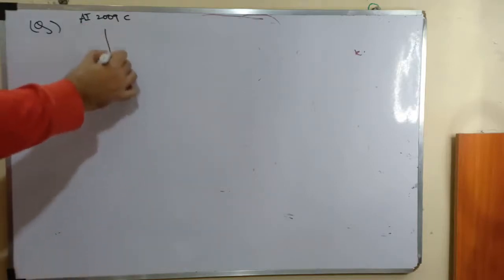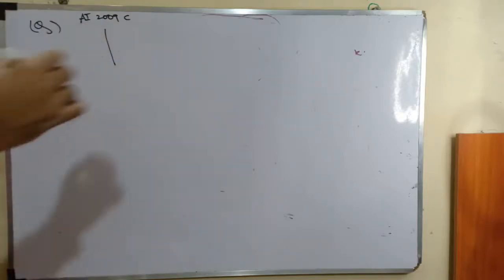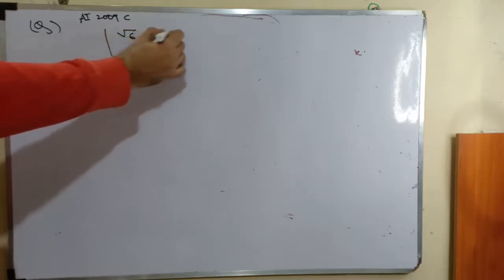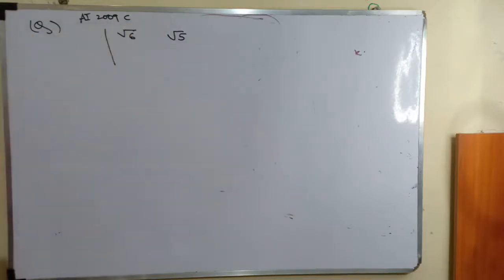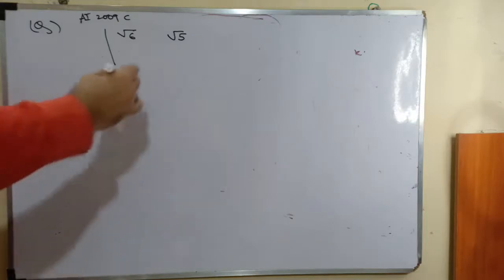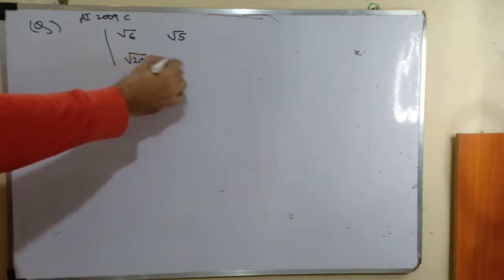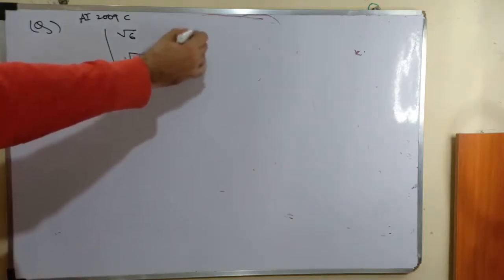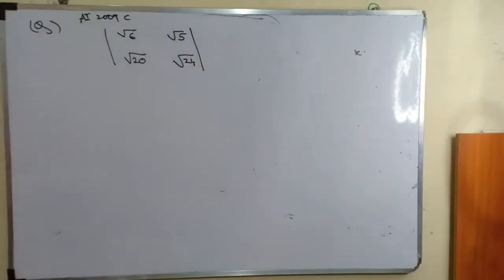So we have to evaluate the value of the determinant √6, √5, √20, √24. This is what the determinant is being asked. You can expand this determinant straight away, or I will teach you my method of how to practice removing the GCD out of the row or column.